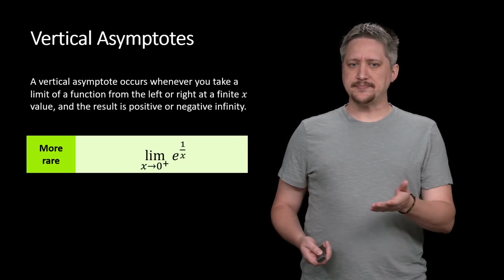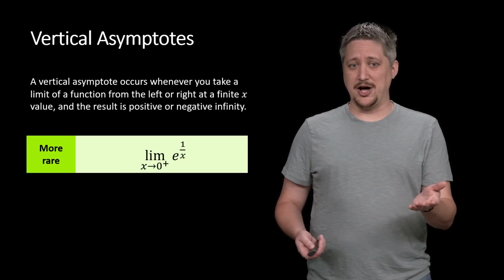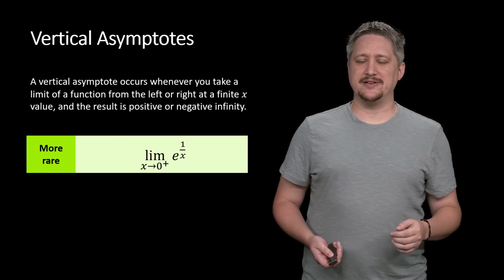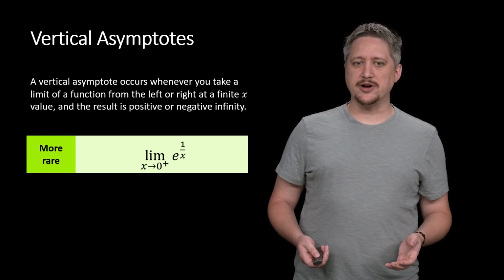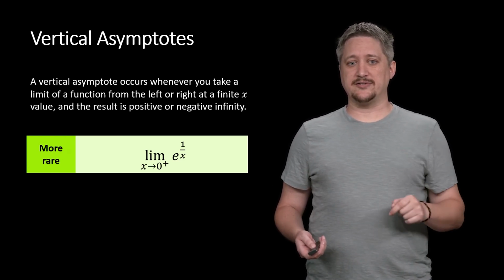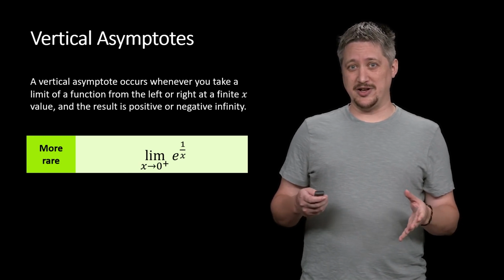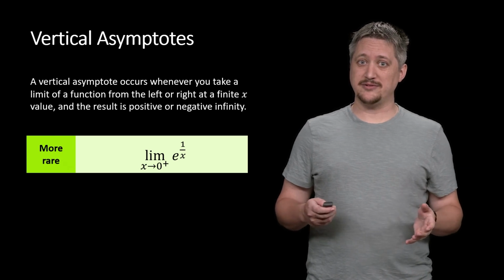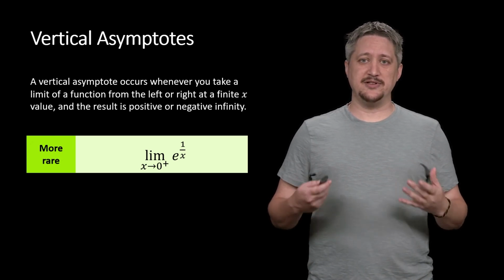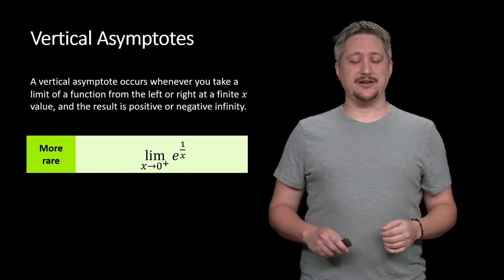So for example, a much less common example would be something like this: the limit as x goes to 0 from the right of e to the 1 over x. Even here, we can see that we still have a non-zero over 0 playing a part, right? So this is a common theme. But nonetheless, that's not the only thing happening here.